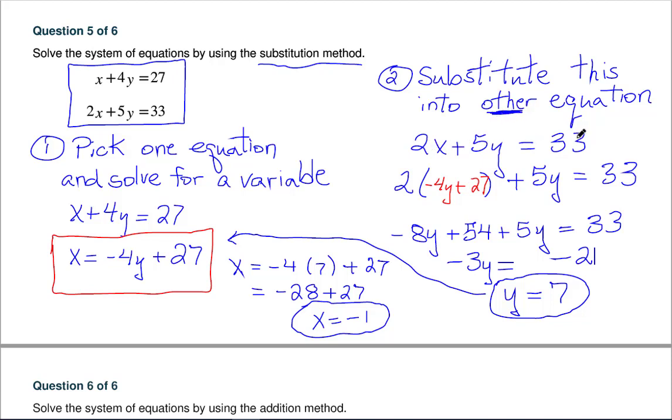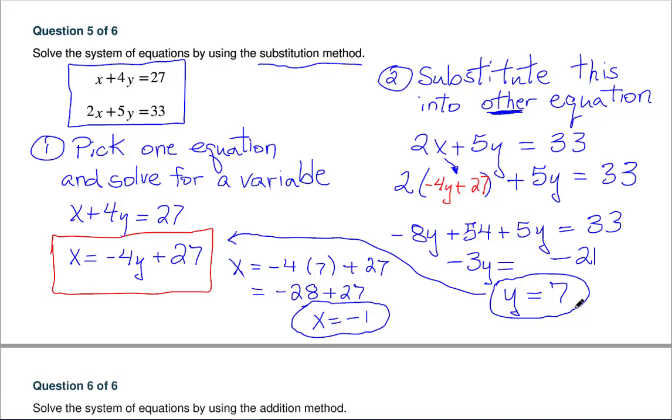Well, here's the other equation, and I simply substitute in now what I know about x. 2 times minus 4 is minus 8. 2 times 27 is 54. And so I get minus 3y from the minus 8 and the 5. 33 minus 54 is a minus 21. And we get y is 7.